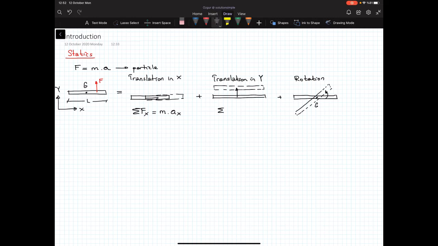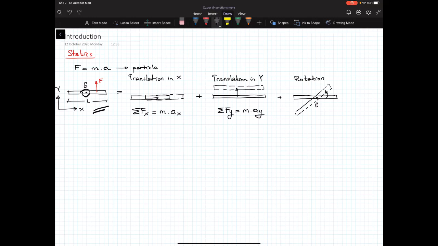Likewise, in order to figure out the motion in y, or write the dynamic equilibrium equation, we say that the sum of forces in y direction must be equal to mass times acceleration in y direction. But also we have a rotation. And as you see, if you go back to this force, take a look at that figure right here. This F will create a rotational motion because it's not directly applied to the center of gravity.